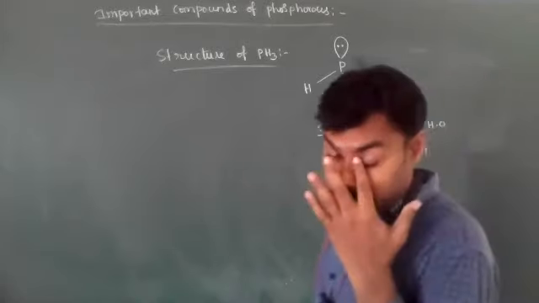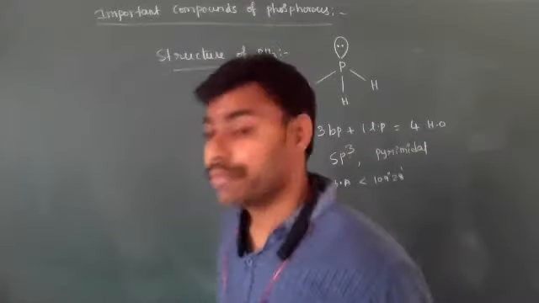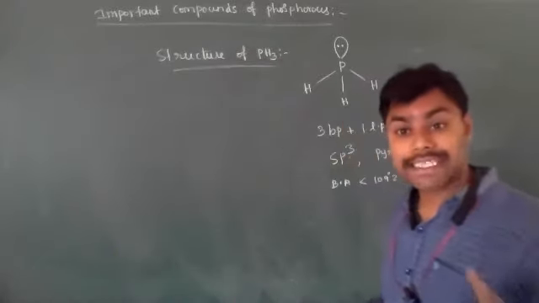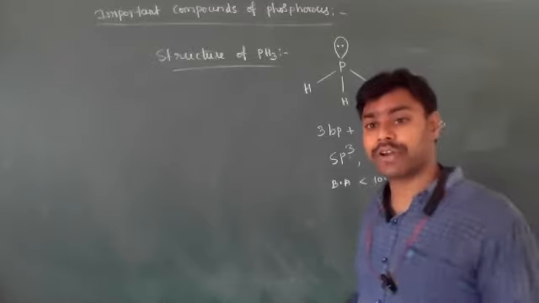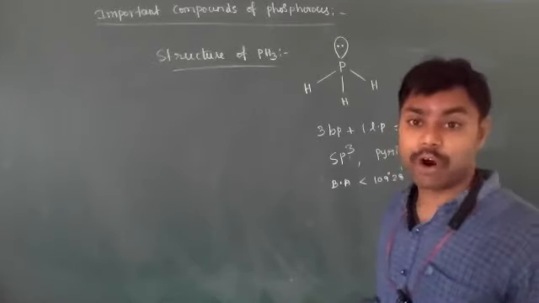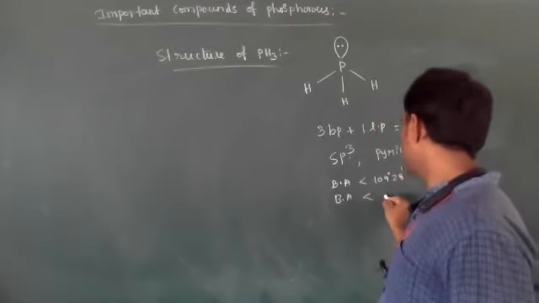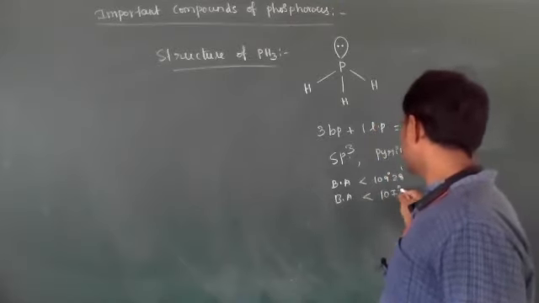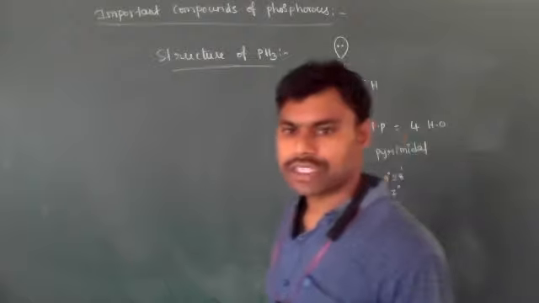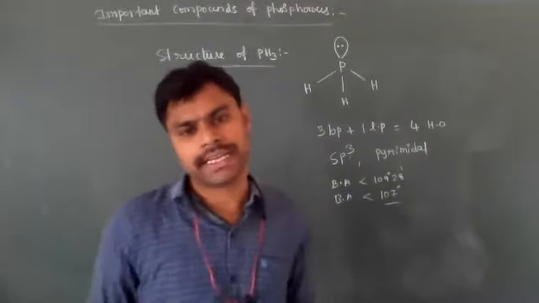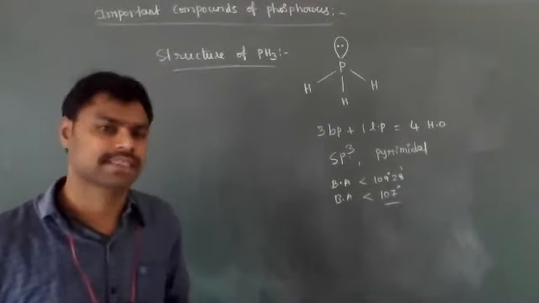Actually, ammonia bond angle is 107 degrees. If you want the exact figure, compared to ammonia, the PH3 bond angle is very small, less than 107 degrees, because NH3 has a larger bond angle than PH3.